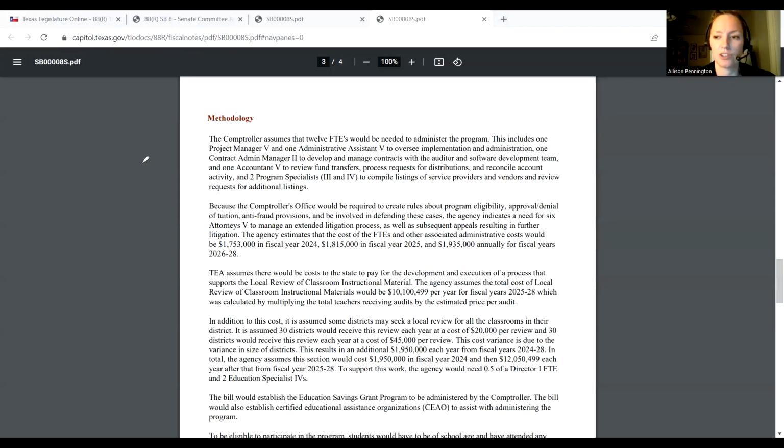This is going back to a beefed up process for letting parents have access to instructional materials and also initiating formal reviews of what's in the curriculum.